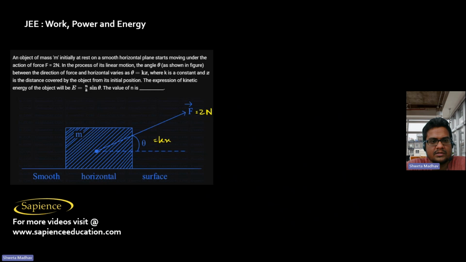The expression of kinetic energy of the object will be E equal to n by k sine theta. The value of n is?